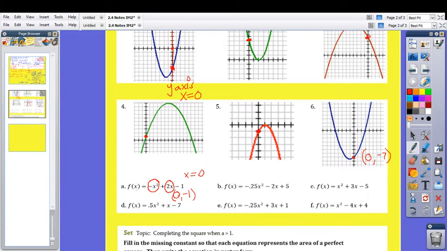Now find out which one of them has 0, -1 as the y-intercept, and this is how you will be matching. So you can see number 5, this is -1, so 0, -1. And this one, when you plug in 0 for x, you get -1, so 0, -1. These two are matching.